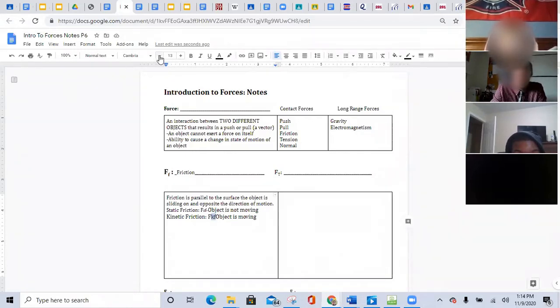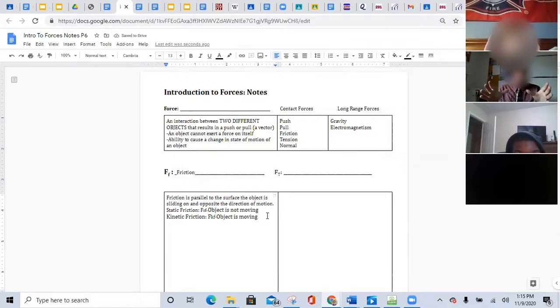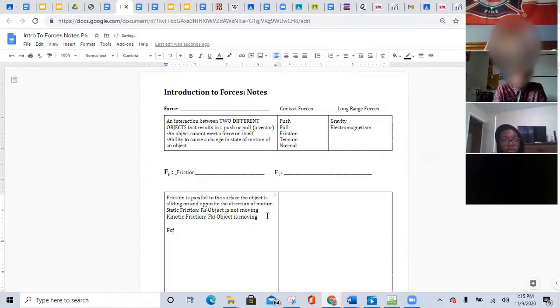I've seen it. And it just means kinetic friction. And as I said, it's harder to get a desk moving than it is to keep it moving. So F static friction is greater than F kinetic friction. I just want to point that out too.